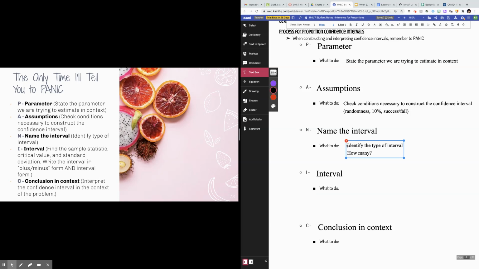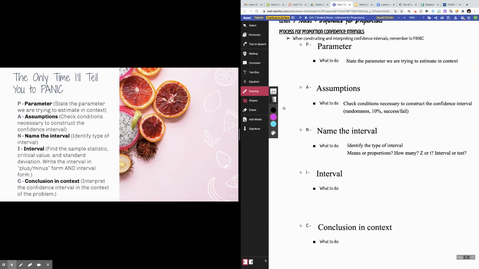Are you dealing with means or proportions? How many of each are you dealing with? Or meaning like how many samples did you take? Right? How many sample statistics do you have? Okay, are you dealing with Z or T? Okay, and is this an interval or a test?